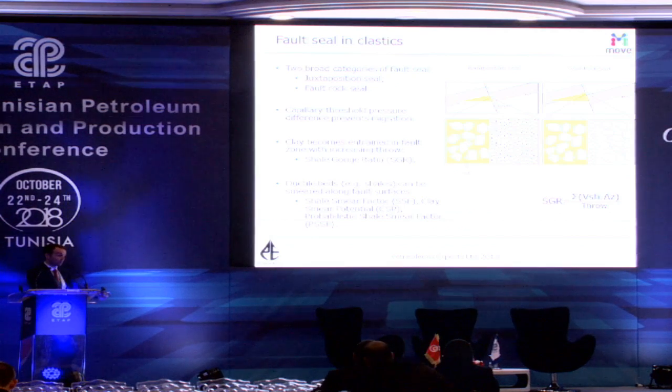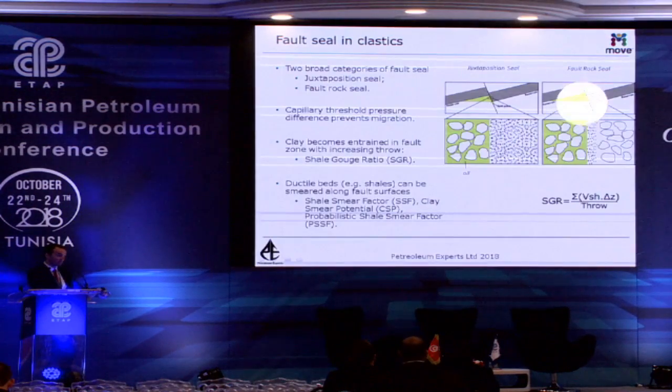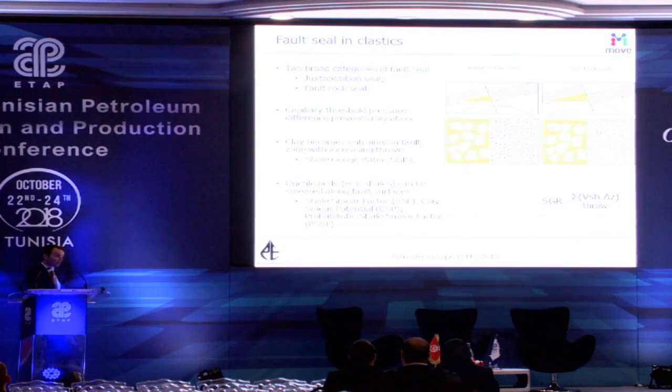Fault rock seal uses the same principle, but you can have a sand against a sand or a porous rock against a porous rock, and the movement on the fault has entrained shale or clay within the fault zone, and it has made the fault zone itself impermeable or less permeable, and the transmissibility is reduced basically.